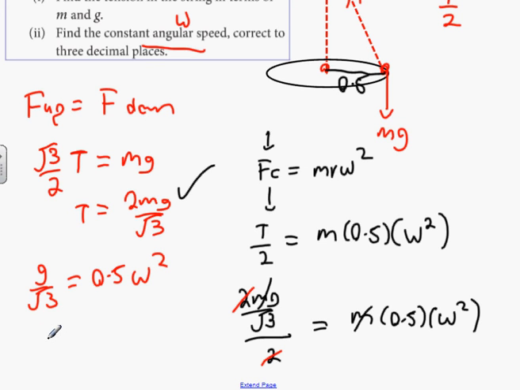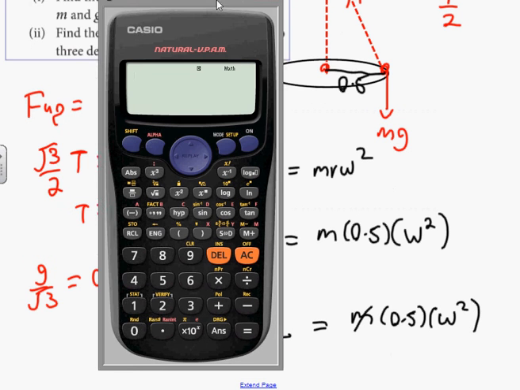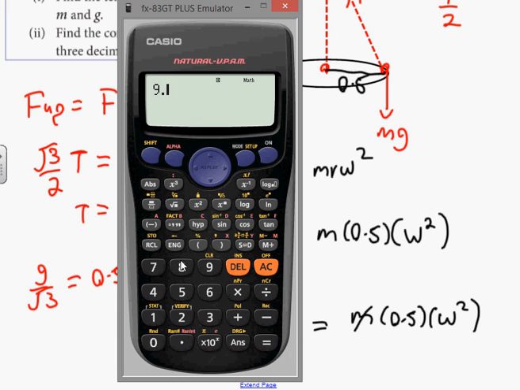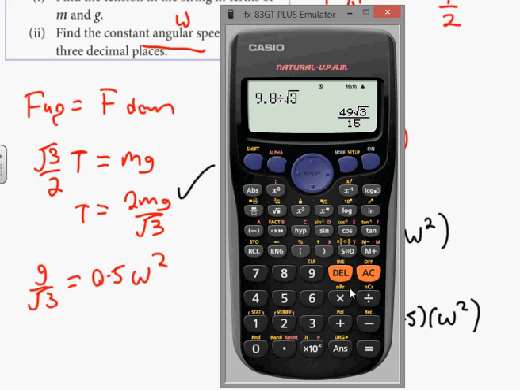So what's g over root 3? So 9.8 divided by root 3. Now once I divide that by root 3, I then need to divide it by 0.5. That's what omega squared is equal to.